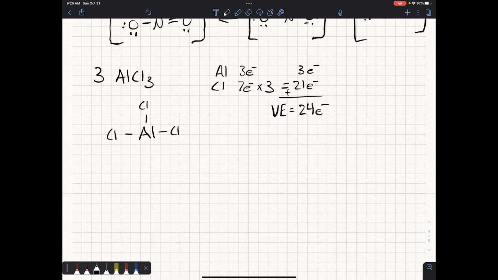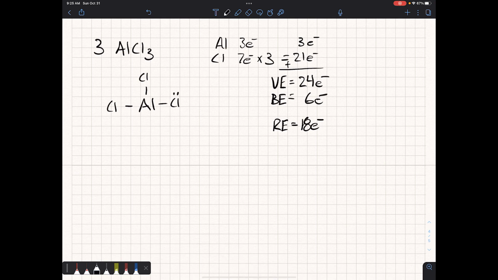Then we've used 3 pairs, so 2, 4, 6 electrons in our skeletal structure as bonding electrons. The difference, 24 minus 6, is again going to be 18 remaining electrons, like we saw in our last one. And those are the electrons that we'll place: 2, 4, 6, 8, 10, 12, 14, 16, 18.